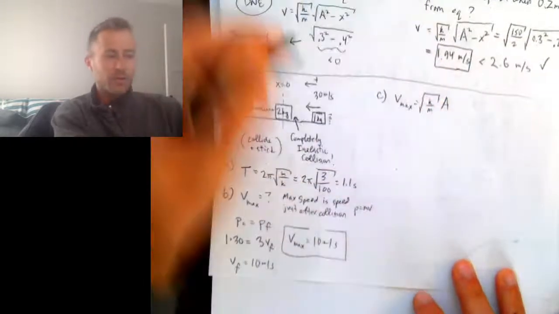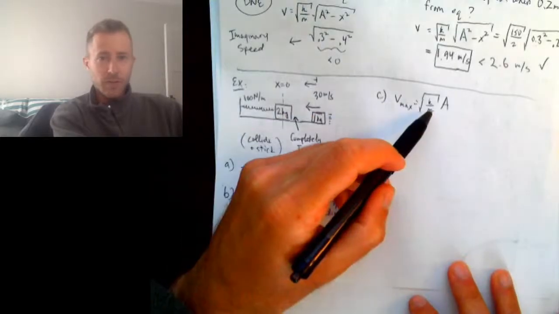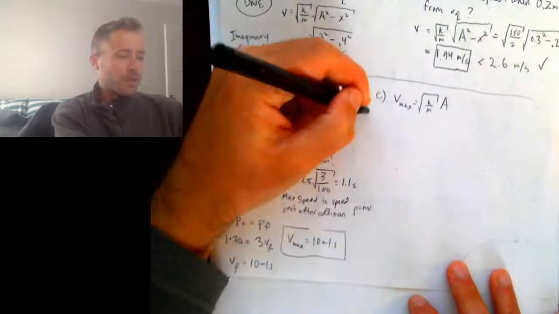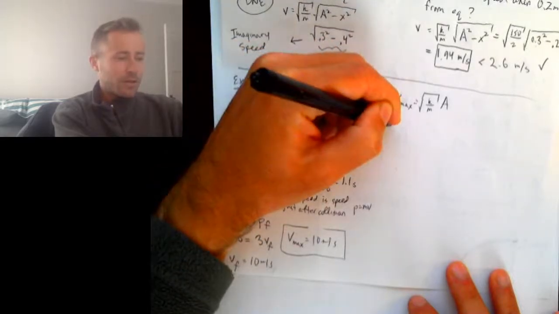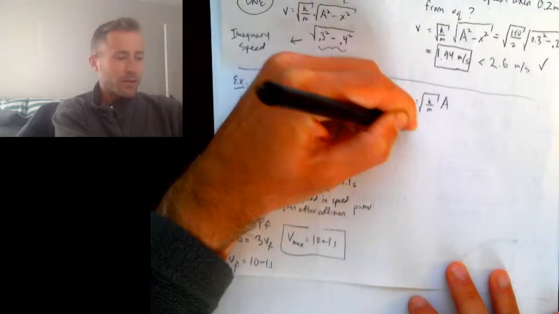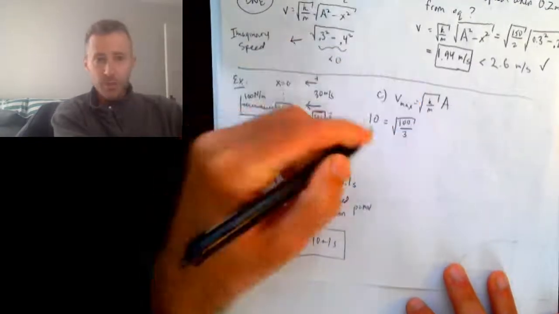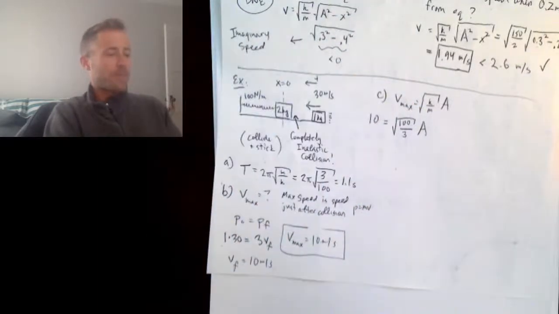We can use it to solve for Vmax, or if we know Vmax, we can use it to solve for the amplitude. So we can say the maximum speed is 10, and that equals square root of k, which is 100, and mass, which is, again, 3, because that's the amount of mass moving, times the amplitude. So let me work that out.